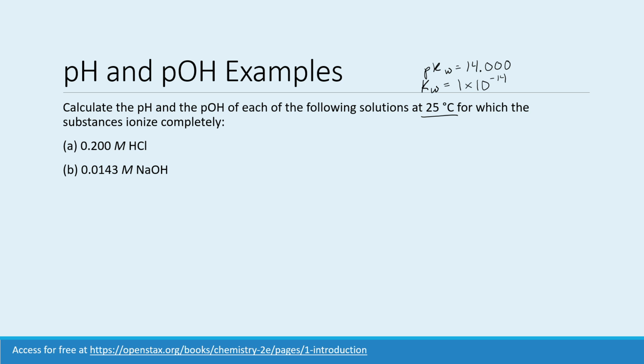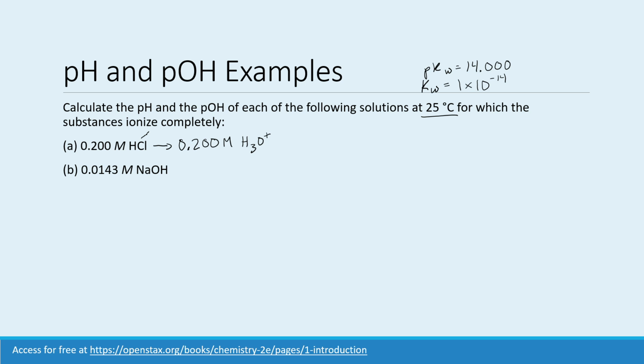So in this first example, they're giving us 0.2 molar of hydrochloric acid. So remember, when they give you that 0.2 molar of hydrochloric, they are telling you that you have the same amount, 0.200 molar concentration of your hydronium ion.